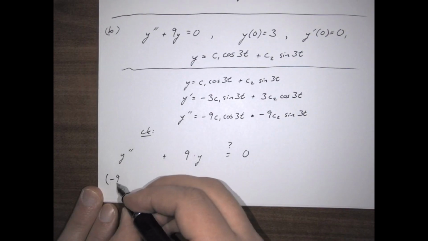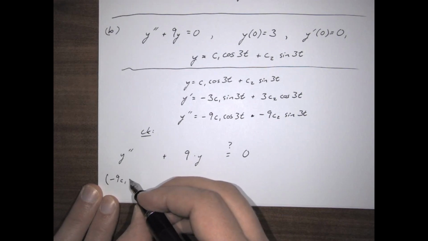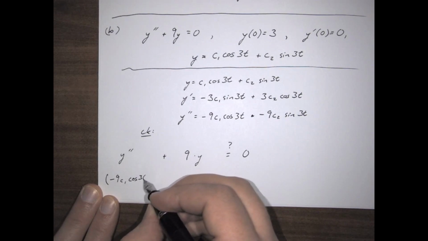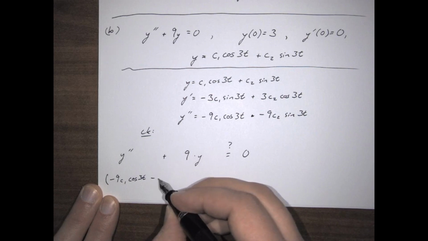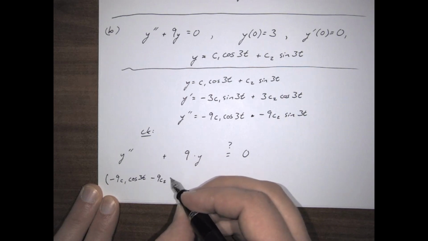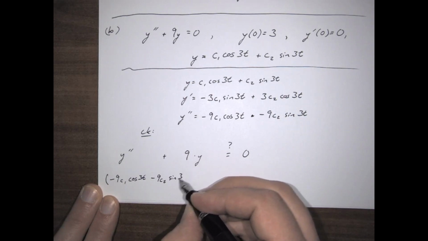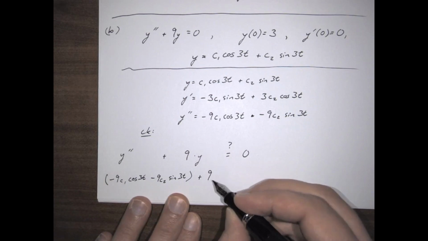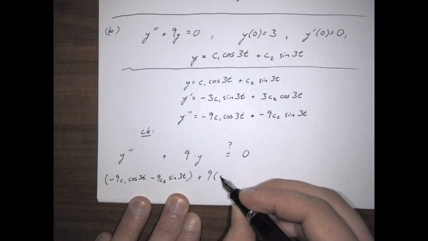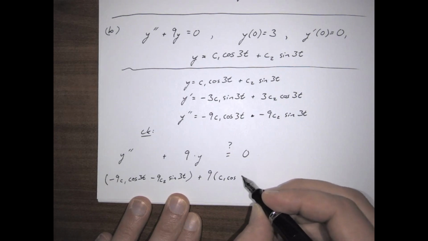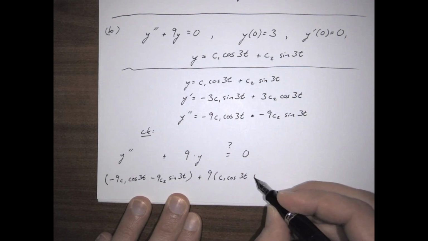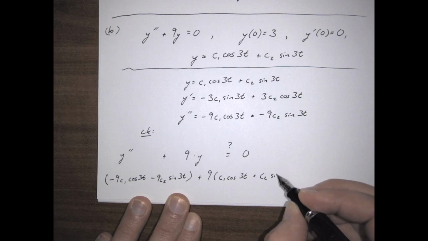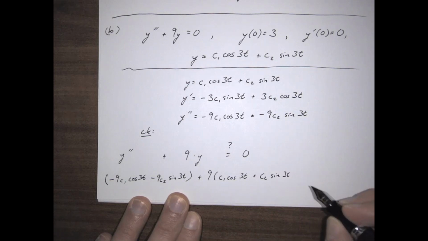So negative 9 c1 cosine 3t minus 9 c2 sine 3t plus 9 times c1 cosine 3t plus c2 sine 3t.